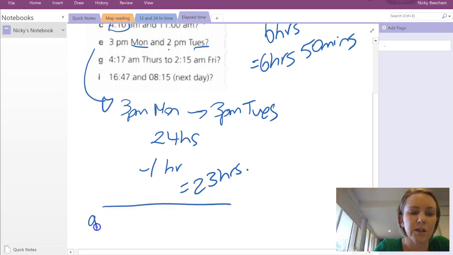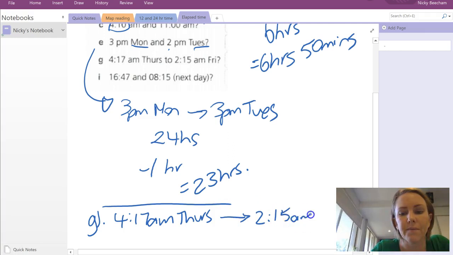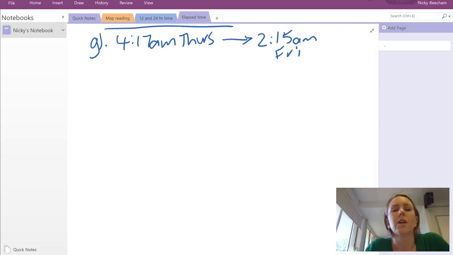So we've got G is 4:17 a.m. Thursday to 2:15 a.m. Friday. Okay, that's my question there. Good. Okay, because this has minutes and also has days, there's a lot to think about in this question.